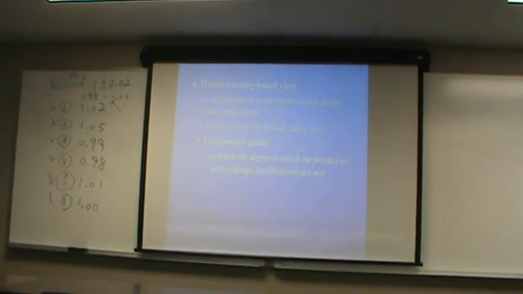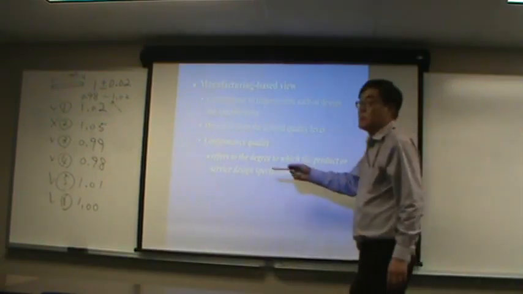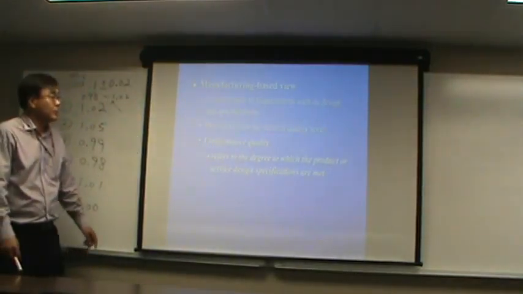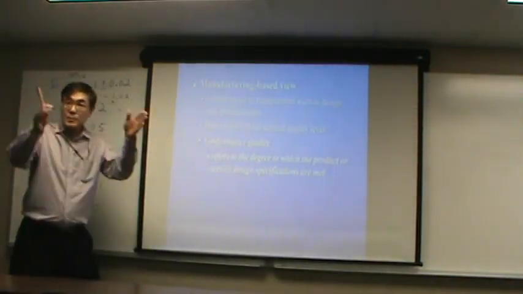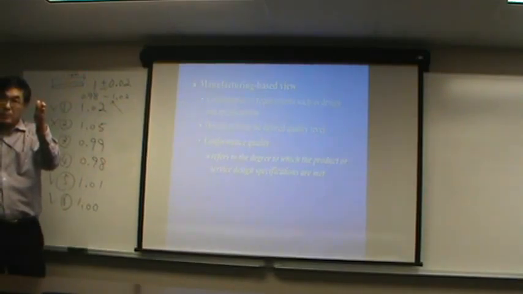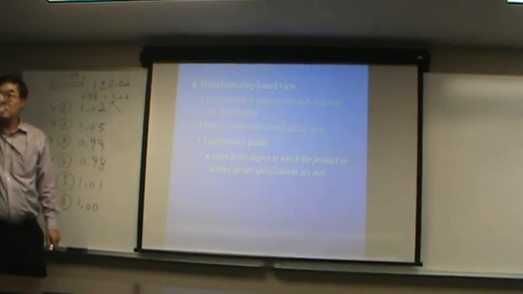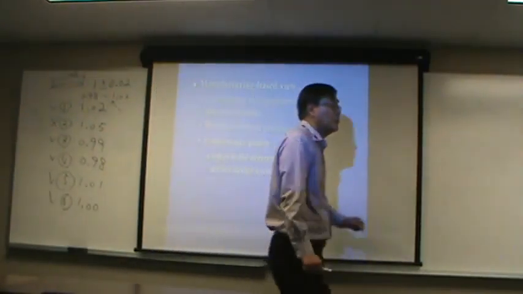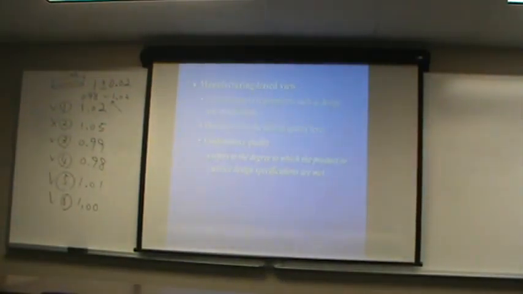It refers to the degree to which the product or service design specification is met. Okay, design specification 1 plus minus 0.02. Meet that specification, then we can say that is good quality. That is manufacturing-based view quality.